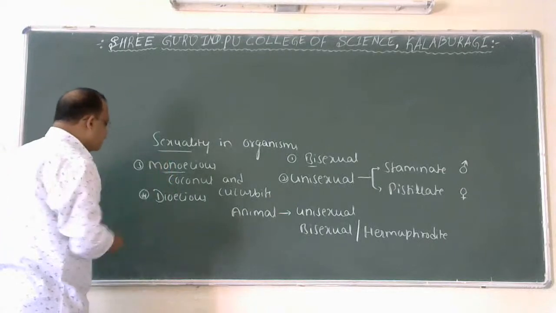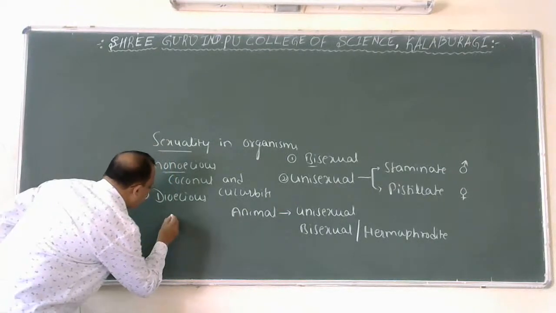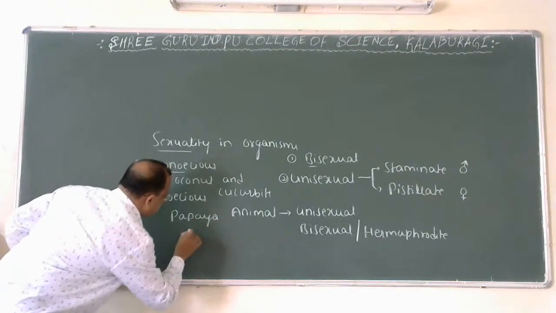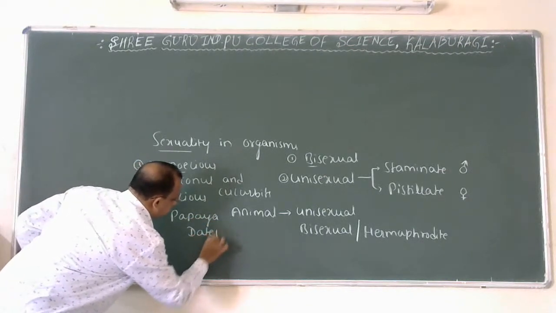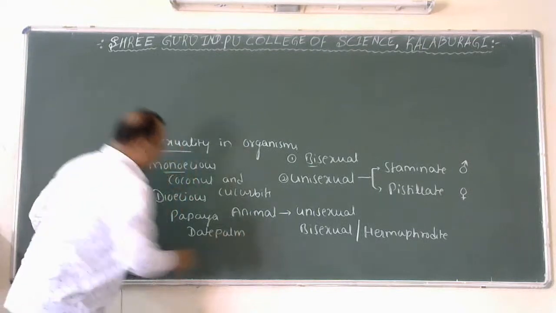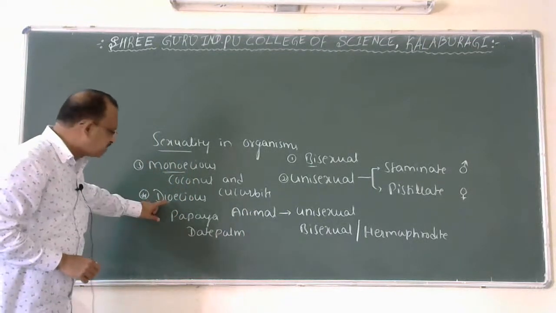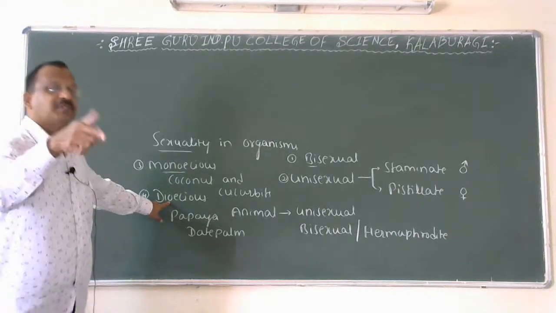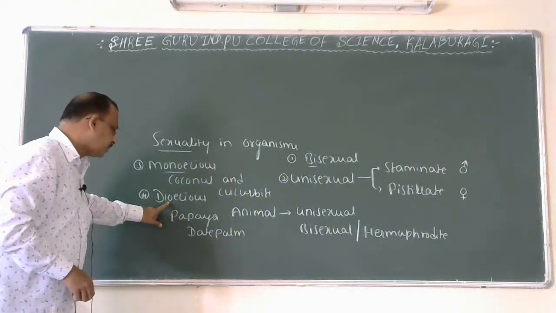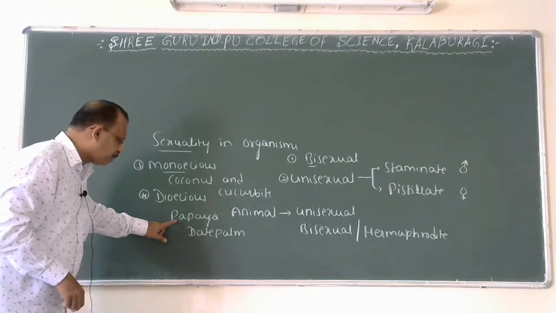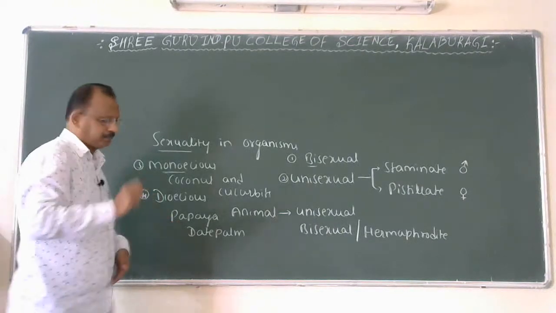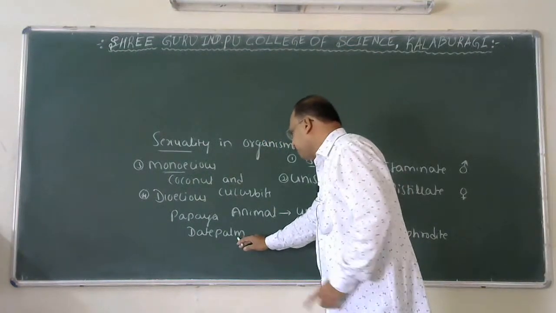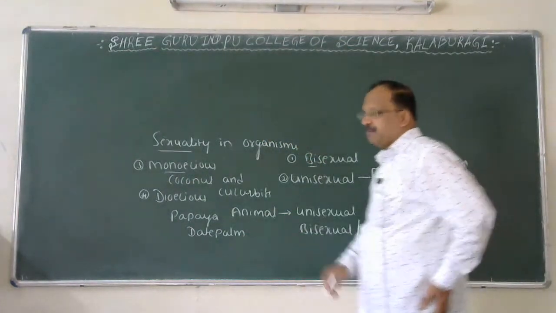Example for dioecious is papaya and date palm. Next matter is with respect to animals.